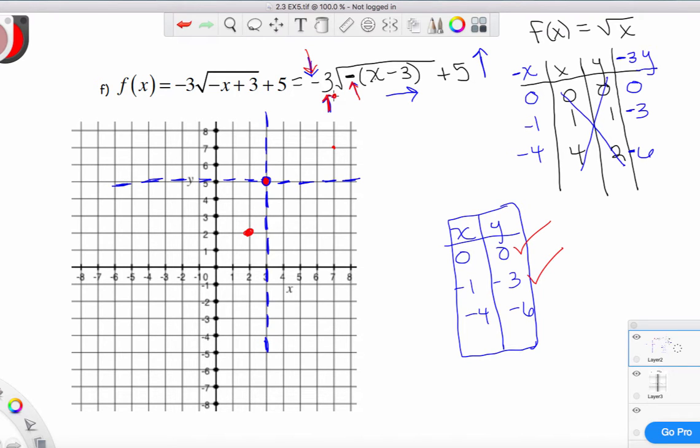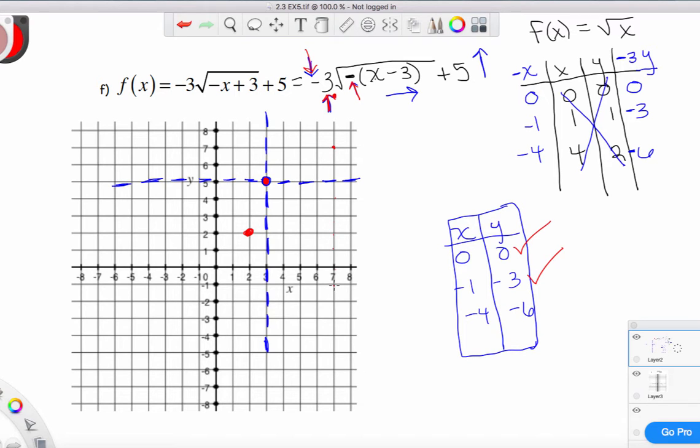And that's a little scary because I'm off my graph, but no worries because I still haven't reflected yet. I have to reflect my y value over the x-axis and my x value over the y-axis. So instead of going over 4, now up 6, I'm going to go over 4 and down 6. So over 4, down 6: 1, 2, 3, 4, 5, 6.